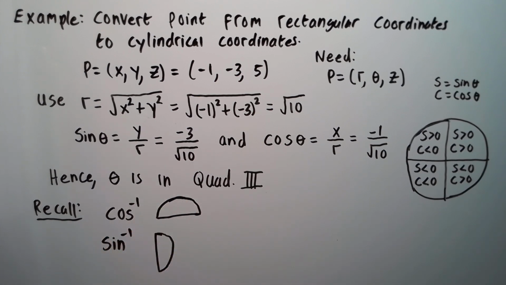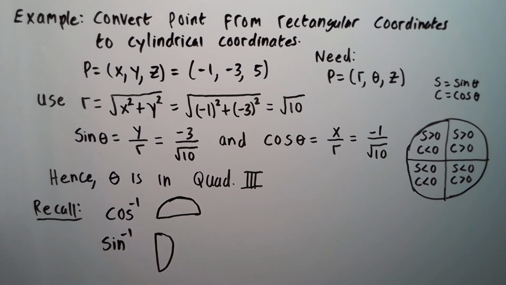Recall how these inverse trig functions are defined, since we have to use an inverse trig function. The inverse cosine gives you an angle in the first or second quadrant. The inverse sine gives you an answer in the first or fourth quadrant. So you can see neither one gives you an answer in the third quadrant.